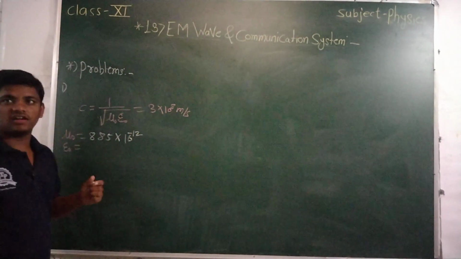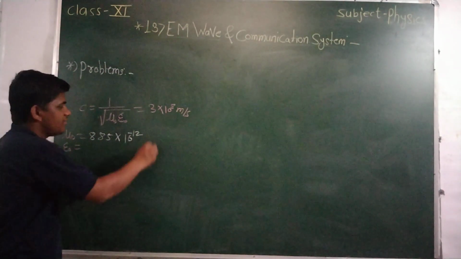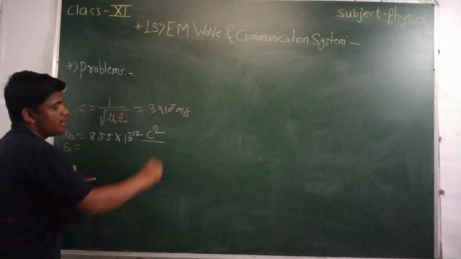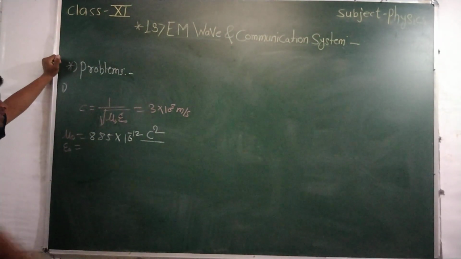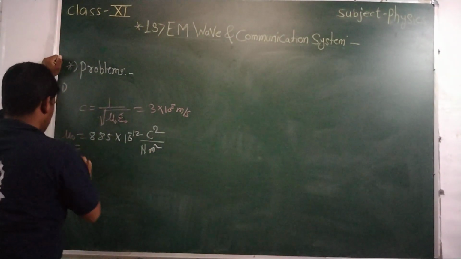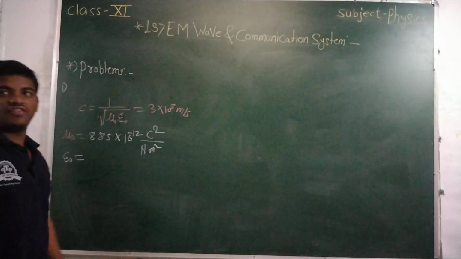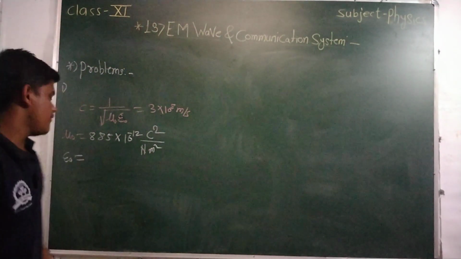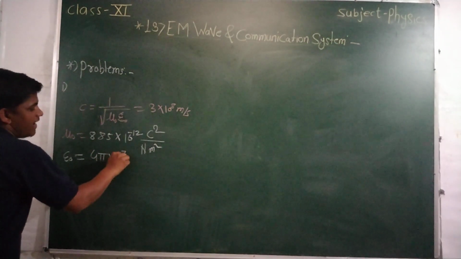These are constants, and the SI unit of this is coulomb square per Newton meter square. Then another constant, mu 0, is equal to 4 pi into 10 raised to minus 7.